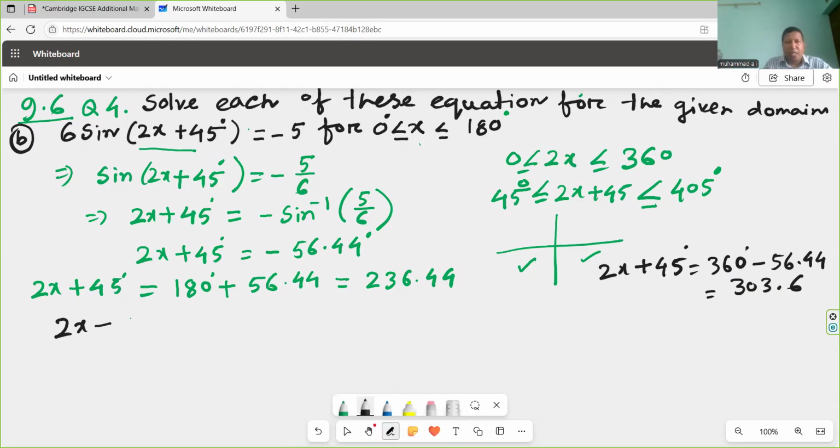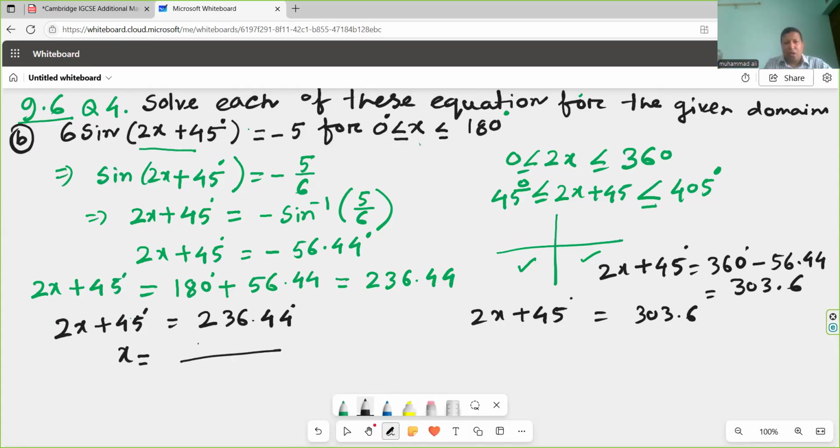Now 2x plus 45, one result we get 236.44, and here 2x plus 45 equals 303.6.